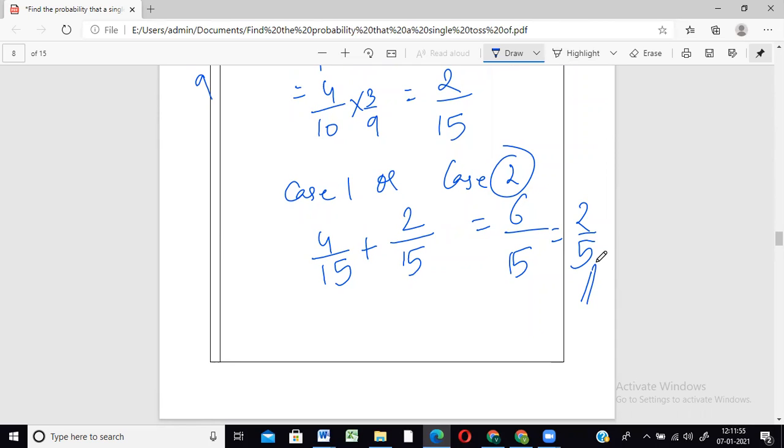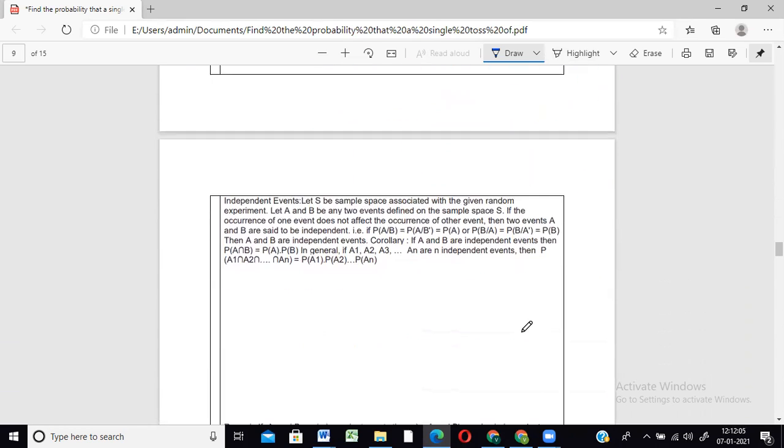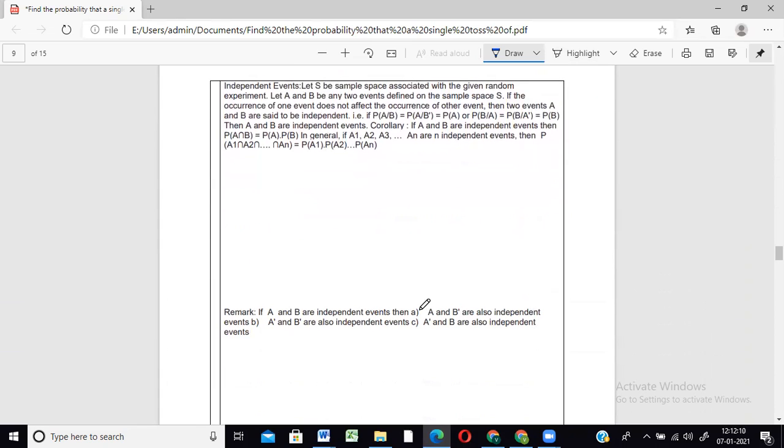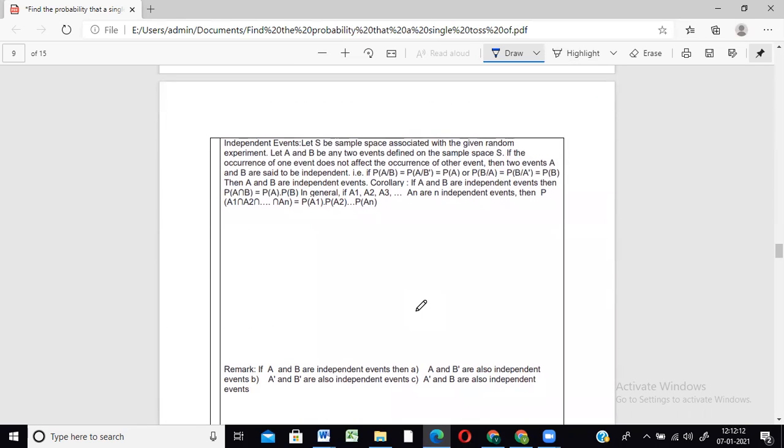All right. So now the next type of events we can do is probably the last one. Yes, the last one. That's nothing but independent events. Independent events: let S be a sample space associated with the given random experiment.